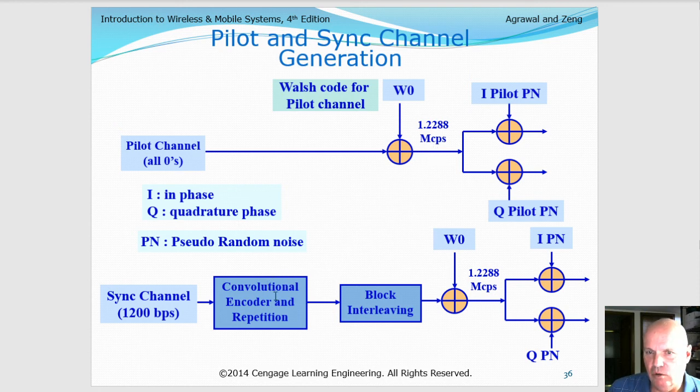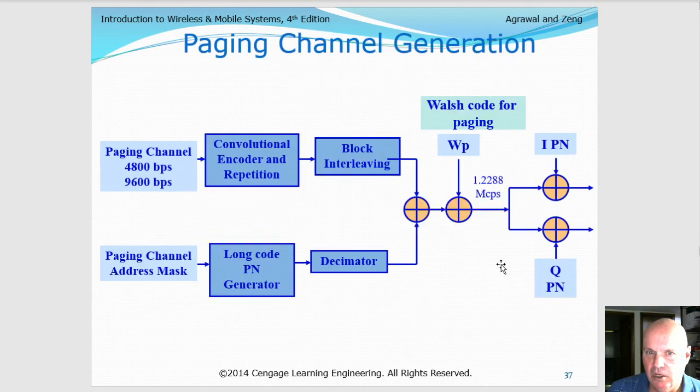And then the sync channel also used convolutional encoding. When we've talked about that for error control, it was essentially a 1200 bit per second channel that the mobile stations would use for synchronization to the base station. And again, the same mixing with cosine and sine to produce the in-phase and quadrature channels.